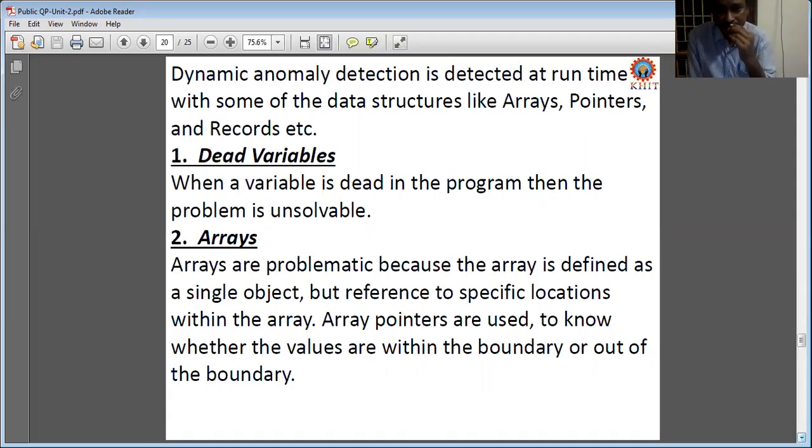So array pointers are used to know whether the values are within the boundary or out of the boundary.